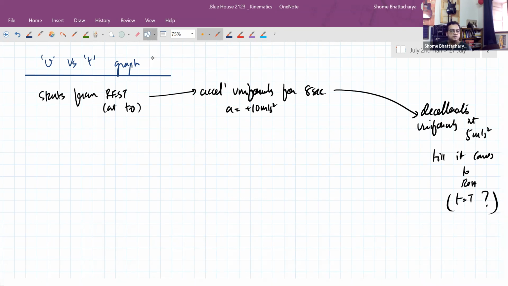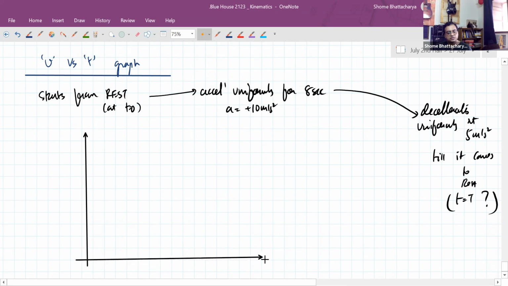So what I will do now is visualize this as what is happening in my V versus T graph. That's pretty easy to visualize because at least the rate of change of velocity is uniform, so each part will be a straight line graph.